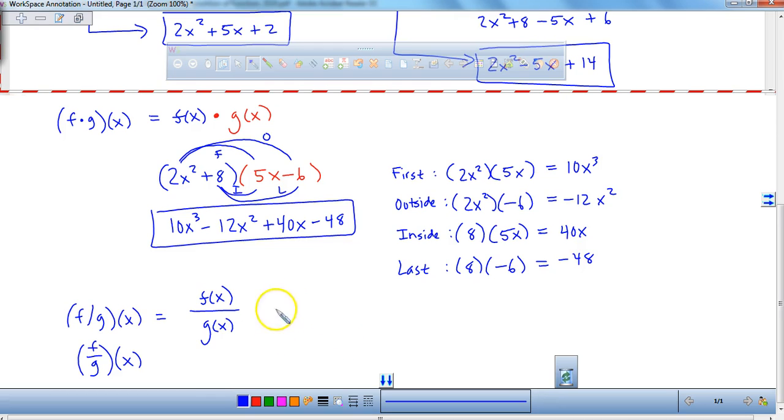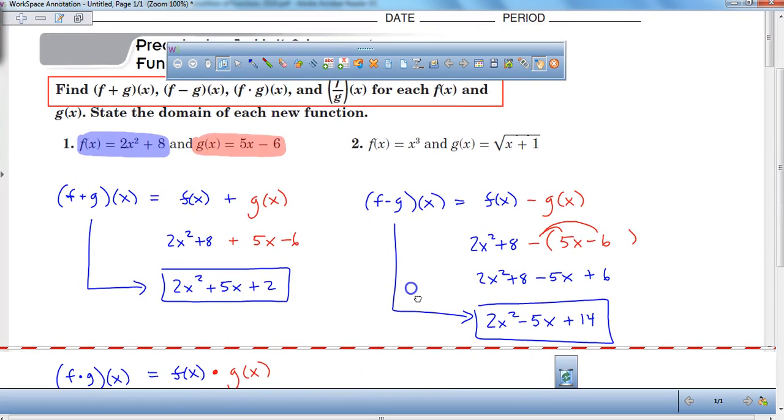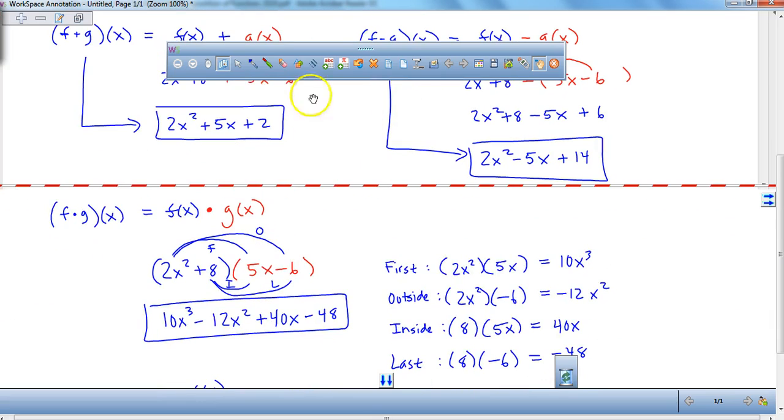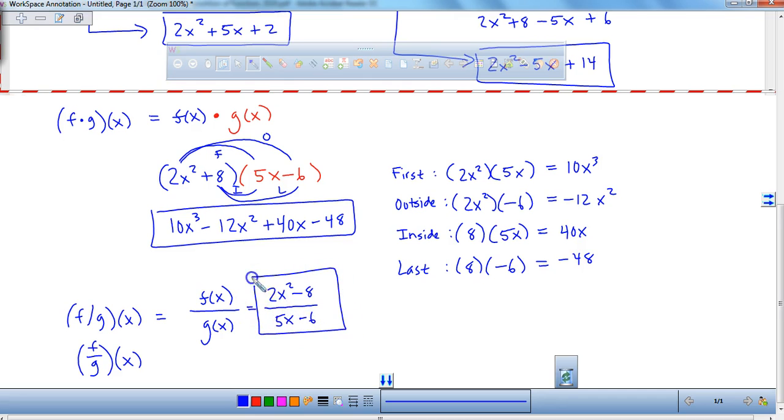Just for the sake of the video, I'm not going to simplify this because right now there's really no common factors. We're just going to put 2x squared minus 8 over 5x minus 6. Now there are some alternate forms for this, but I'm just going to leave it like that.